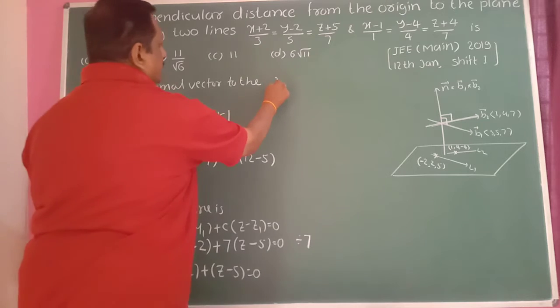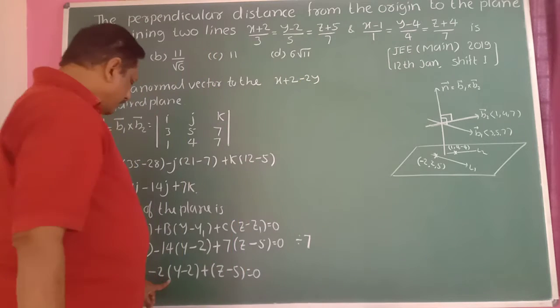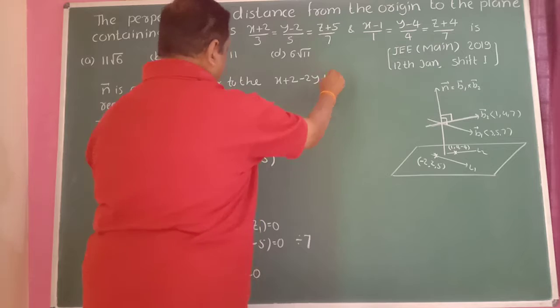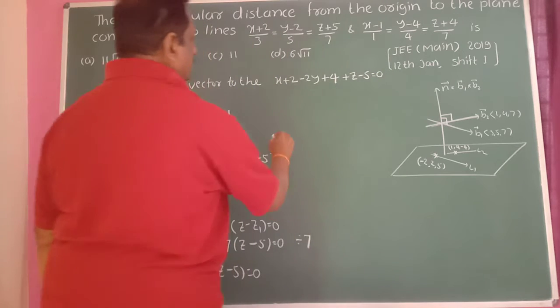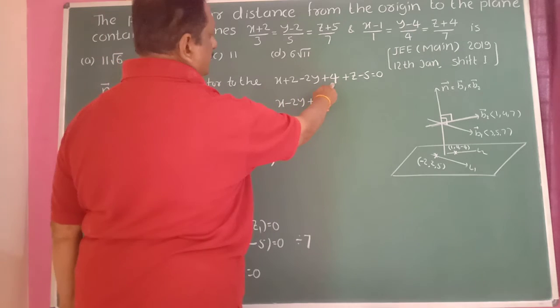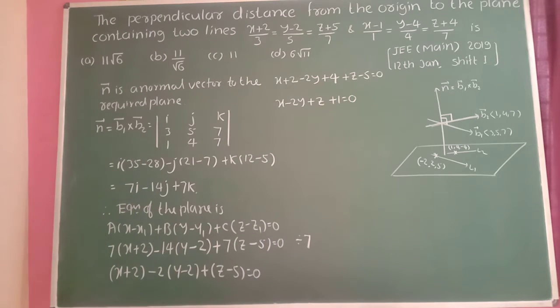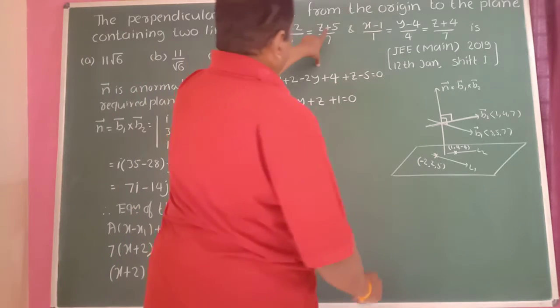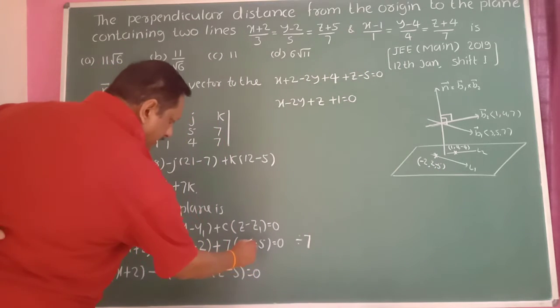So x plus 2 minus 2 into (y minus 2) gives minus 2y plus 4, plus z, and here the point is actually minus 5, so take care: the point is (-2, 2, -5), so this becomes a plus here.